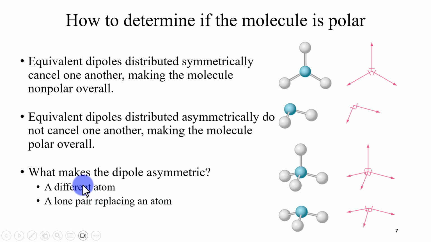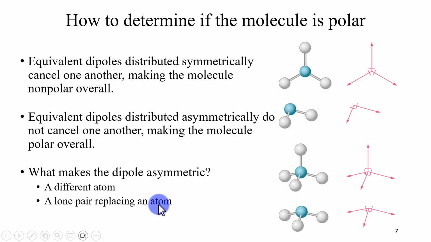But if I replace an atom with a different one, for example one that has a different electronegativity value than these two, then I have asymmetric or not equivalent dipoles.